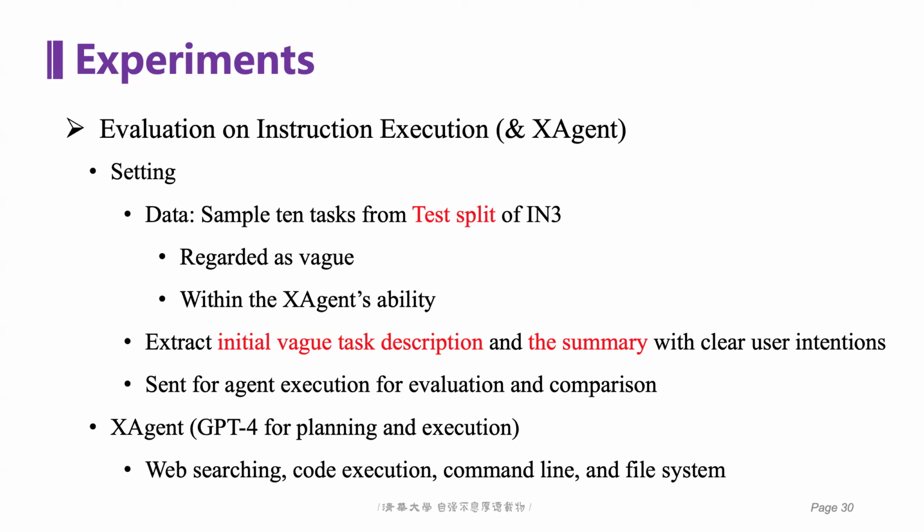So for the same task, we have two different versions, and we send both versions to the downstream agent, the X agent, for execution. The X agent here is powered by the GPT-4 model for planning and execution, and it can do web searching, code execution, command line operation, and file operations on the file system, things like that.